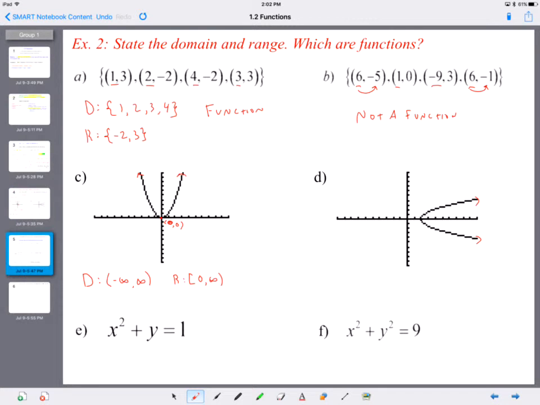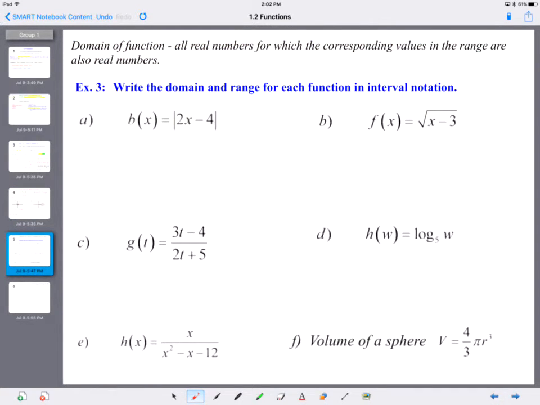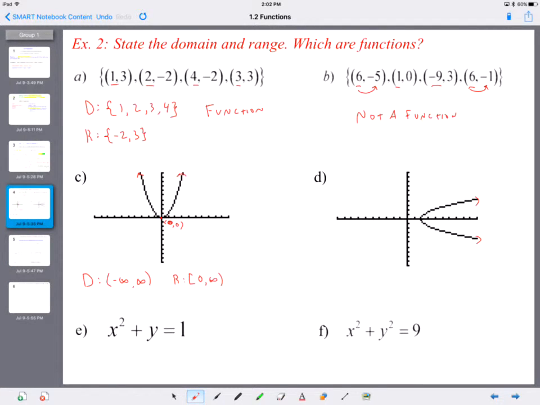So for D, now since we have it shifted, your domain at your x value, the smallest it is right here at 2, 0. So your domain is all values that are greater than or equal to 2.